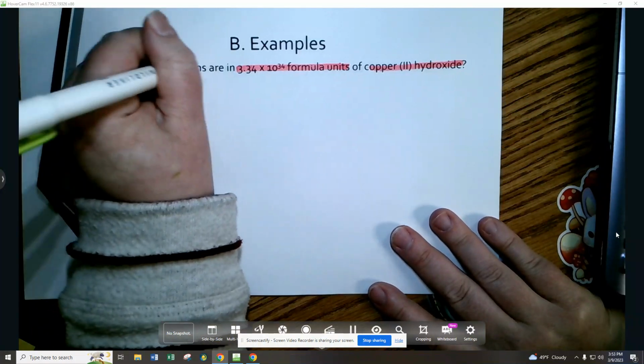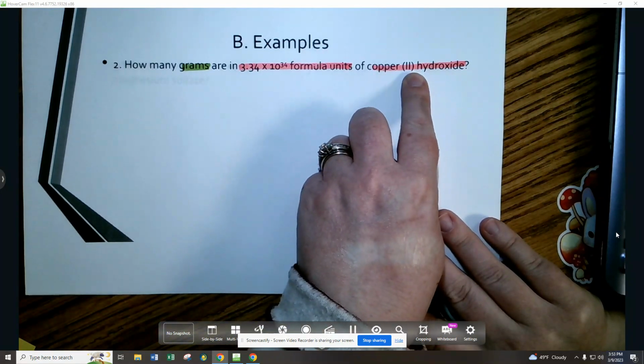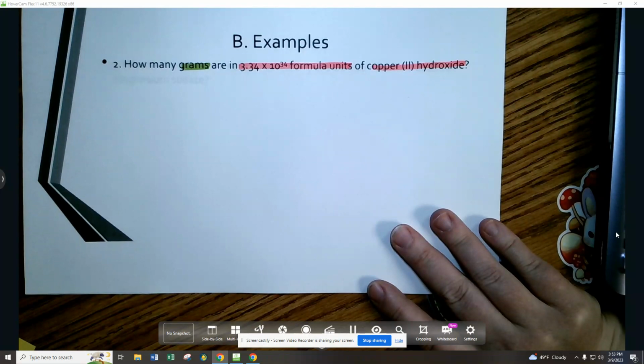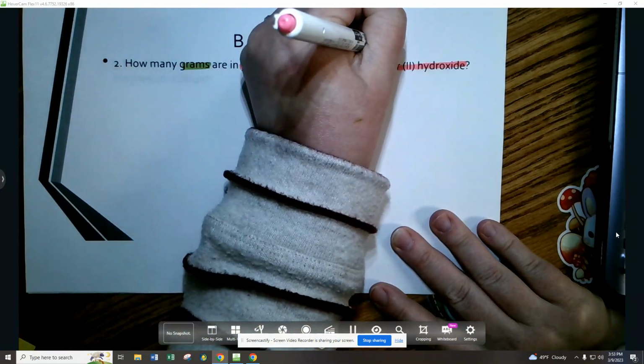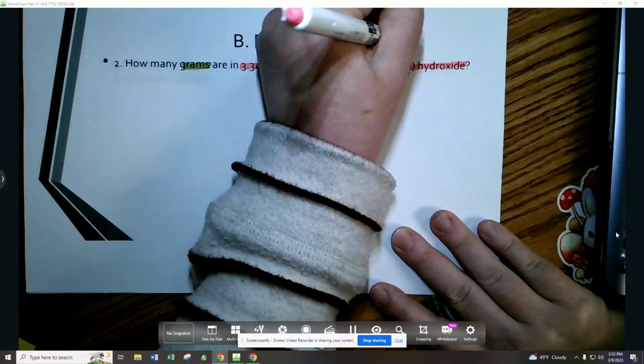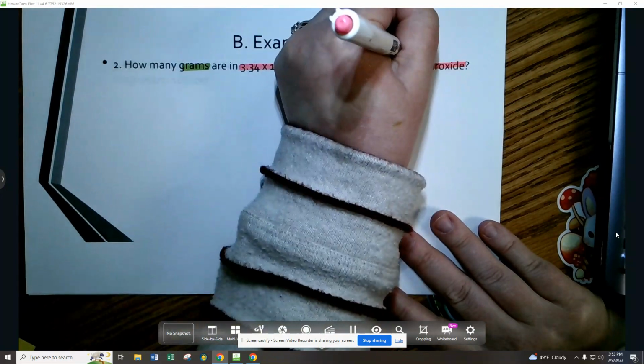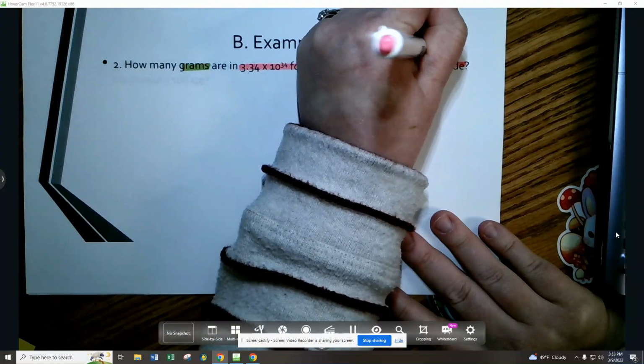We want to change it to grams. Let's talk about the formula of our compound. We know copper is Cu, and we know that Roman numeral is the charge of copper, plus 2. Hydroxide, referring to my polyatomic list, you would find that it's OH minus 1.